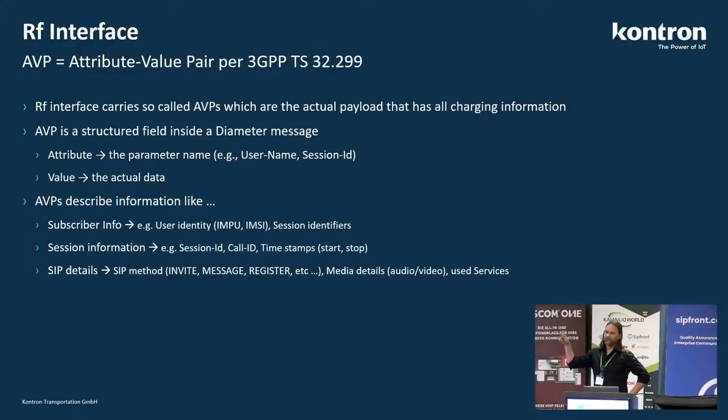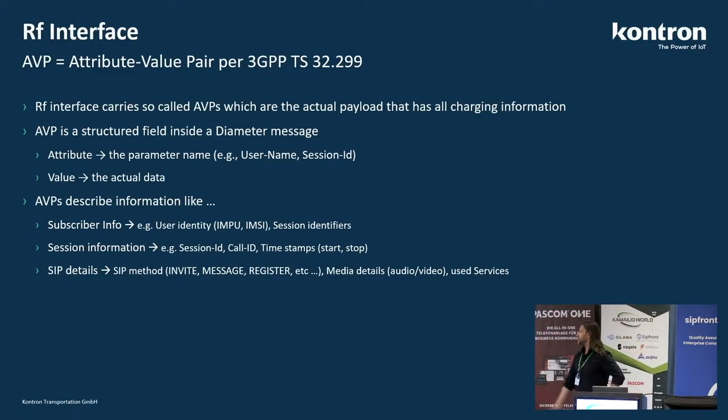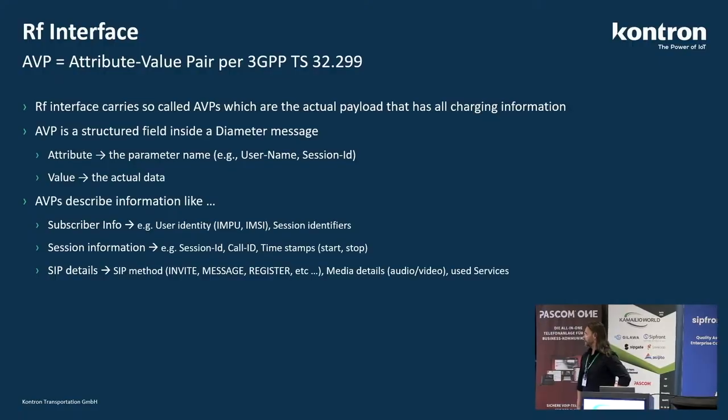And everything goes through our S-CSCF, and in Kamailio we parse these payloads, extract them and put them into vendor-specific AVPs, apart from the standardized AVPs. Like subscriber info is included, session information, the SIP details again, which SIP method triggered those diameter messages, media details. And on top, as said, we have these specificities for the mission-critical information.